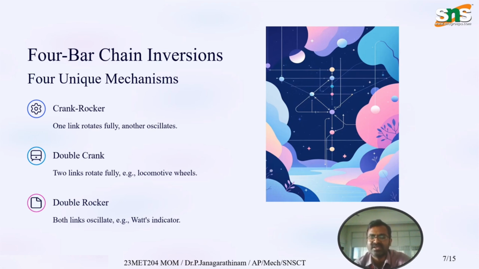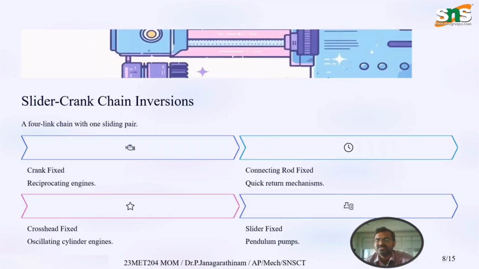One link rotates fully and another oscillates, which is called the crank rocker mechanism. Two links rotate fully, as in the locomotive wheel mechanism, which can be implemented in trains also. When both links oscillate, it is known as the double rocker or oscillator mechanism. These are the major 4-bar chain mechanism inversions.